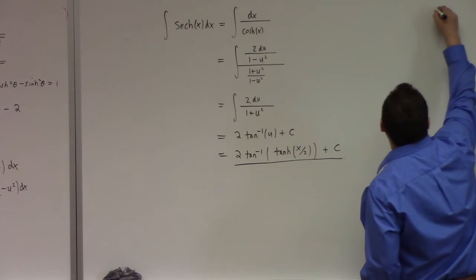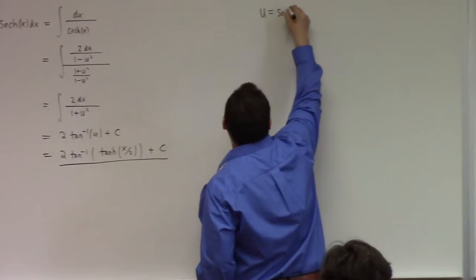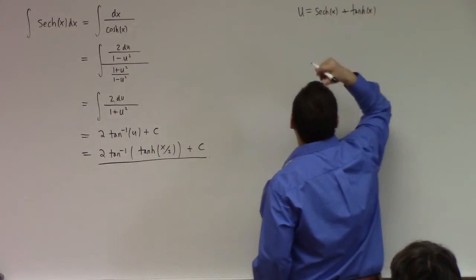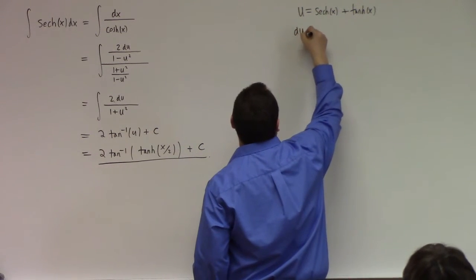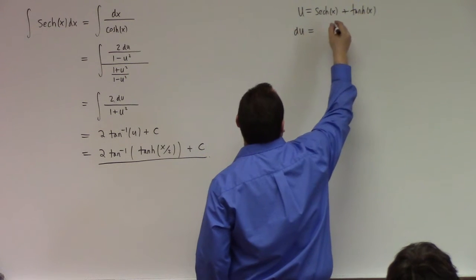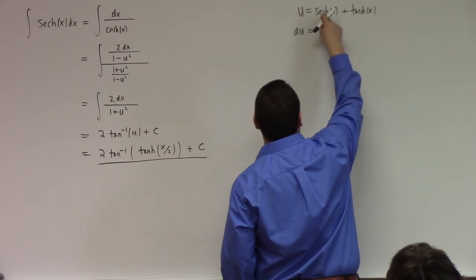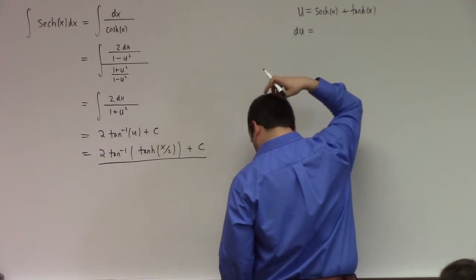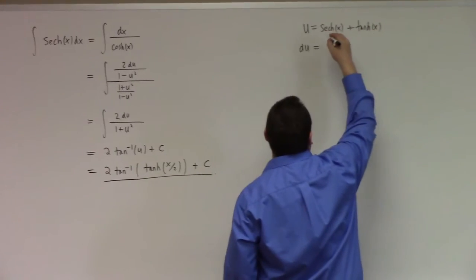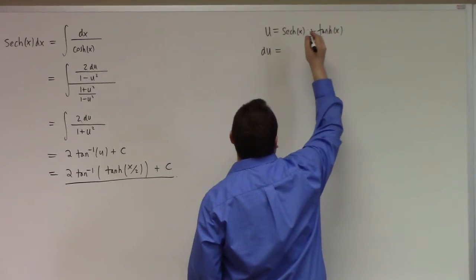But I think on the test, an easier way to do it would be just set u equal to the hyperbolic secant of x plus the hyperbolic tangent of x, like this. See, because if I do that, then like du is what? What's the derivative of hyperbolic secant? Is this the one that's minus?